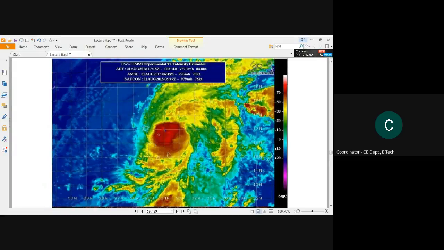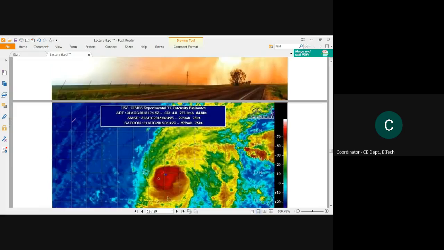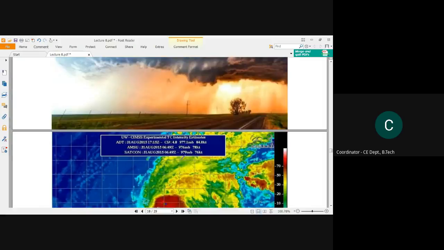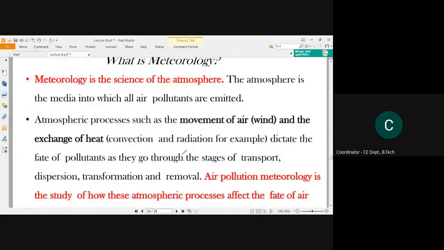From this diagram, we can conduct a study of how much atmospheric pollution is spread, in which way, how far, and for how long. In order to study this type of air pollution spreading, we need to know this study. Okay, so let us study about this.